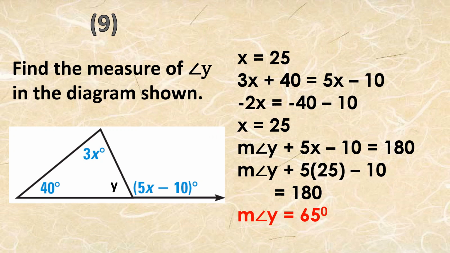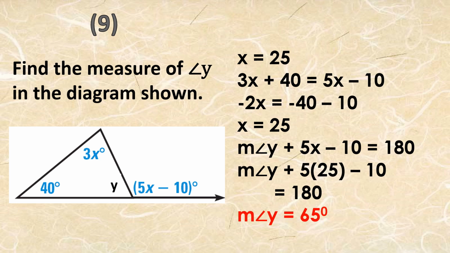Example 9. Find the measure of angle Y in the diagram. This time you have two variables, but they can easily be solved because in your one equation, using the exterior angle theorem, the exterior angle measuring 5x minus 10 is equal to the sum of 40 plus 3x.